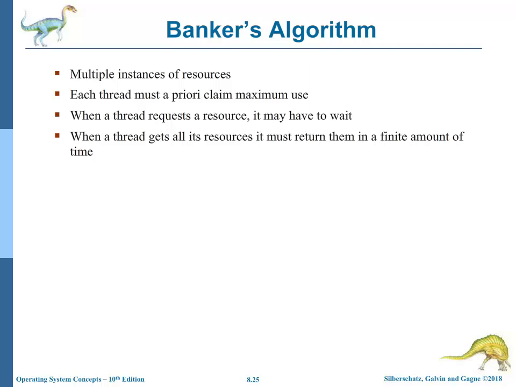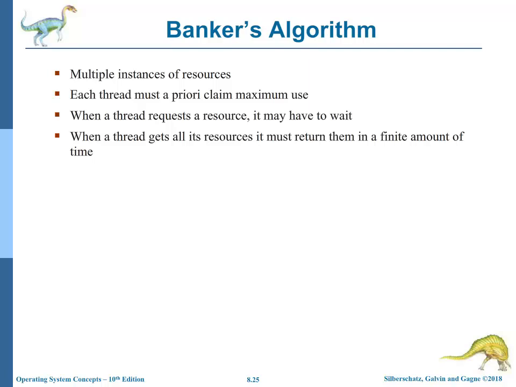The name was chosen because the algorithm could be used in a banking system to ensure that the bank never allocated its available cash in such a way that it could no longer satisfy the needs of all its customers.